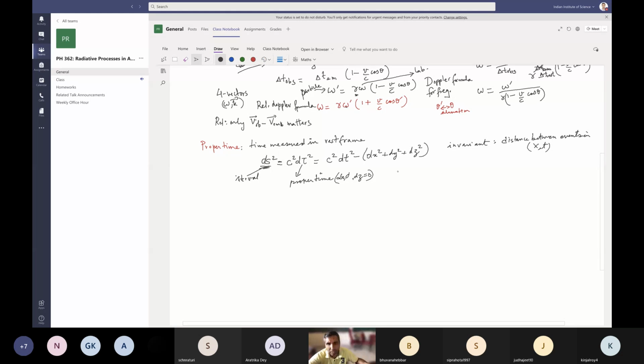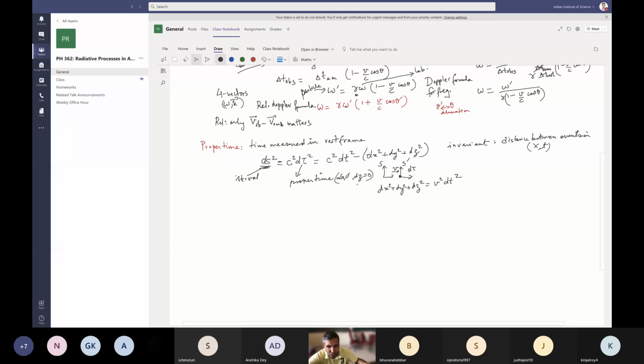And we know that if you are in a frame in which the particle is at rest, this is the S prime frame and this is the S frame. So d tau is the time measured in the S prime frame where the particle is at rest, and there is a relative velocity v between them. So dx squared plus dy squared plus dz squared is nothing but v squared dt squared, right?